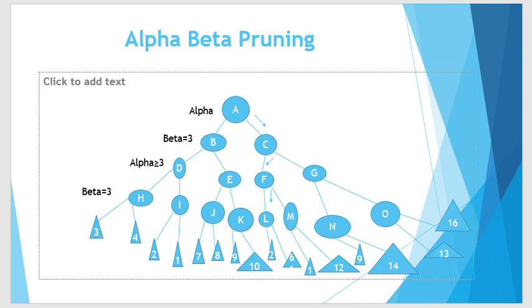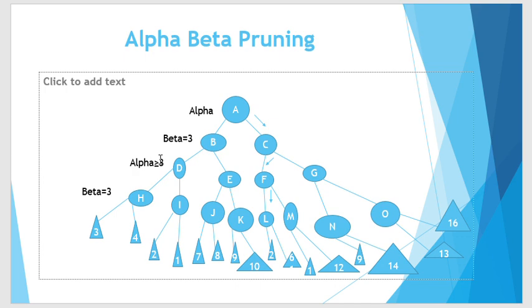If we move further, according to depth first search, we'll get the min value of 3 and a max value of 4. So that means beta will show the value of 3, and for alpha, if the max player chooses that particular path, the value is greater than or equal to 3.